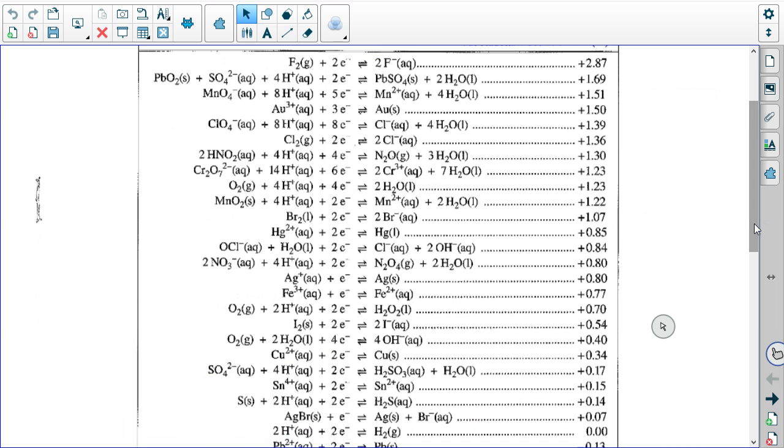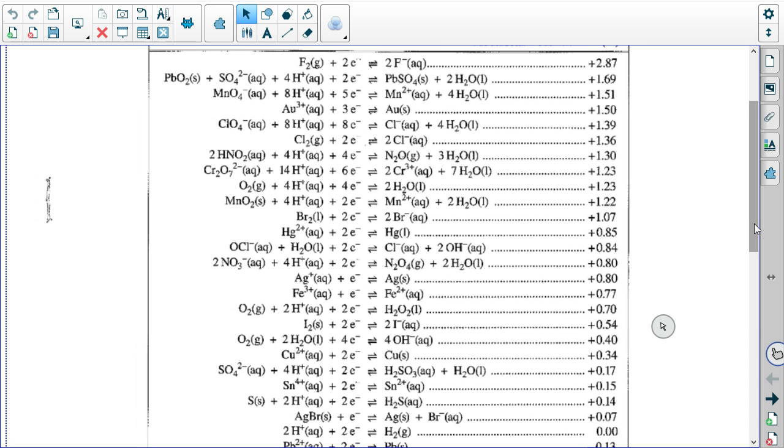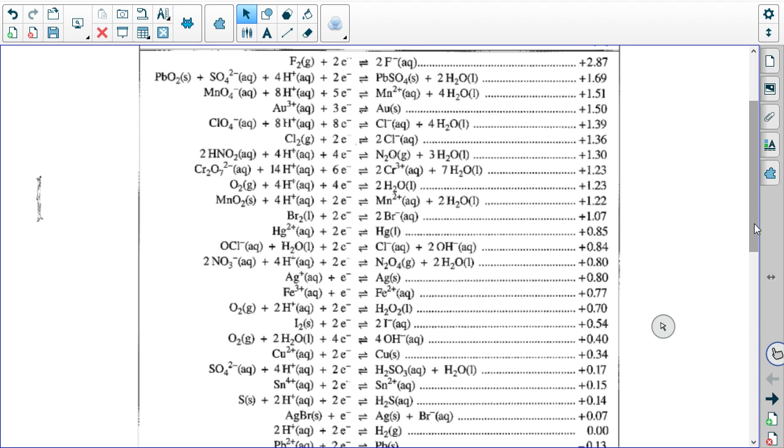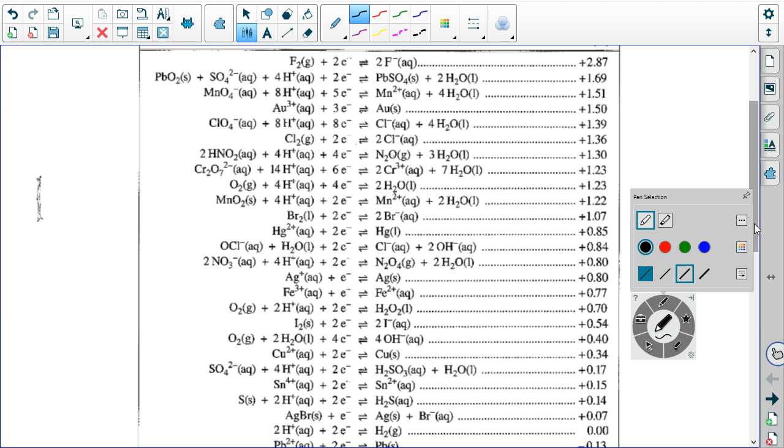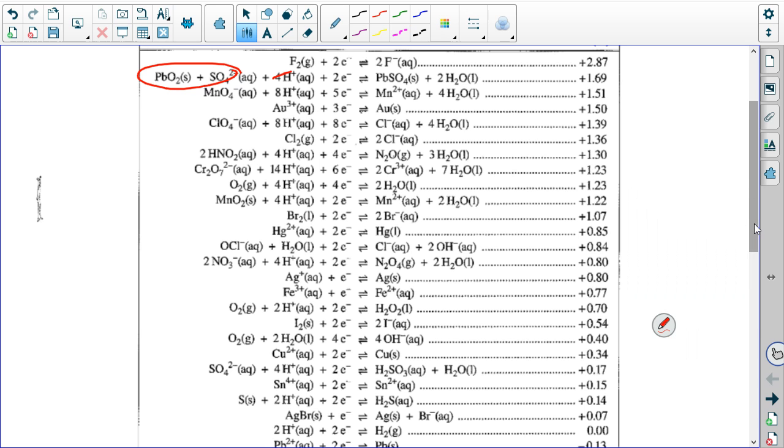So in this table, if I have PbO2 and I have SO4, but there's no hydrogen present in the solution, no hydrogen ions present, that particular reaction will not take place.